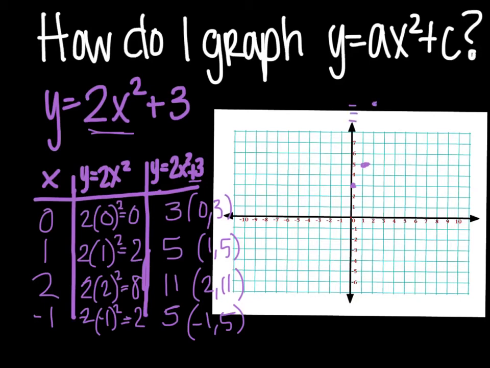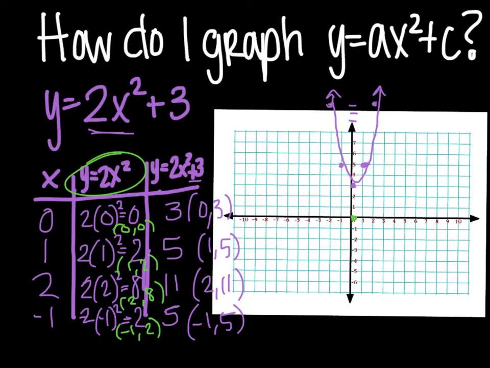And then negative 1, 5, reflecting, remember? And this one's going to be here. So here's my graph for y equals 2x squared plus 3. I'm going to graph y equals 2x squared just so you can see what happens. So that would be 0, 0, 1, 2, 2, 8, negative 1, 2.